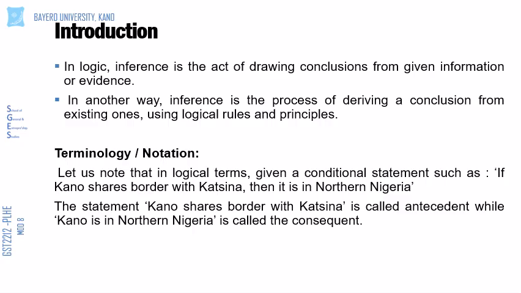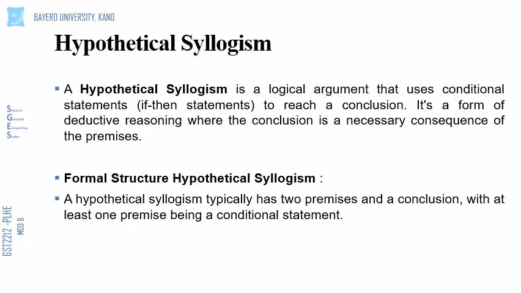For example, if Kano shares border with Katsina, then it is northern Nigeria. The statement Kano shares border with Katsina state is called the antecedent, while the statement Kano is northern Nigeria is called the consequent, meaning this is a conditional statement.